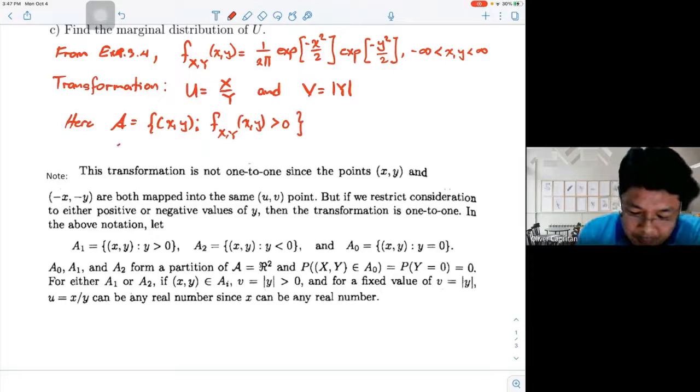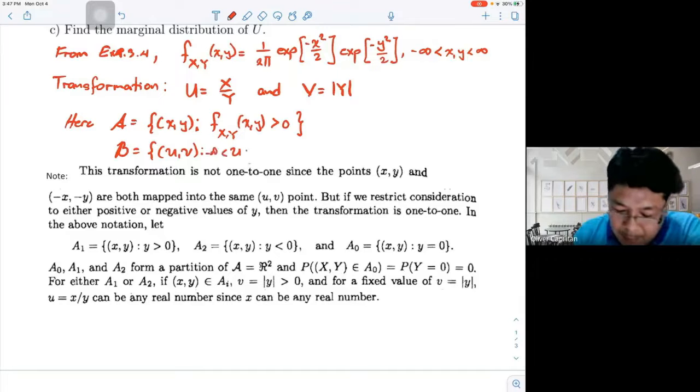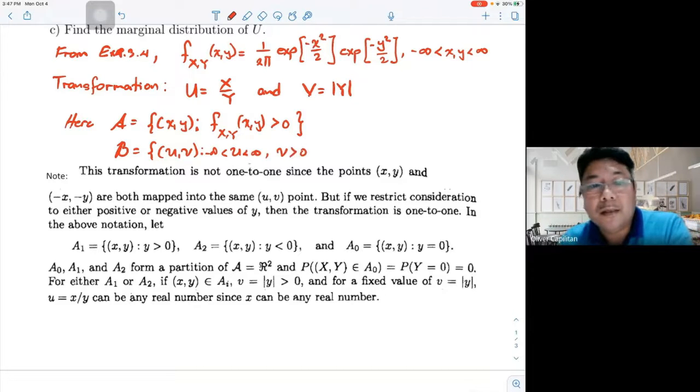And script B would be the set of all ordered pairs u, v such that u is from negative infinity to positive infinity, and v is positive because it is the absolute value of y.